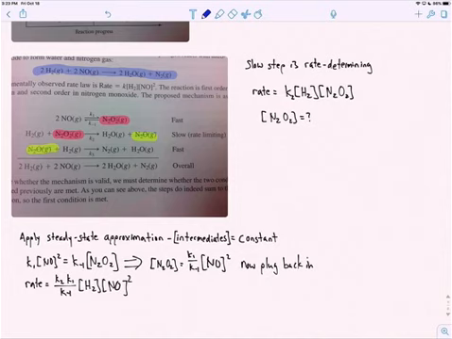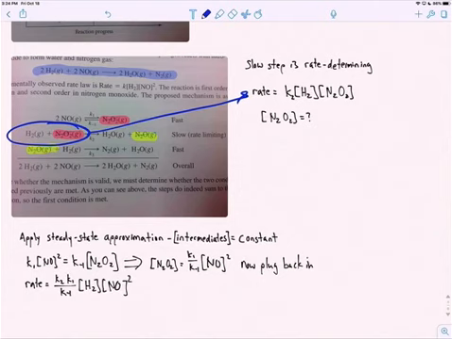So the rate is going to be equal to some rate constant, in this case k2, times the concentration of hydrogen times the concentration of N2O2. The stoichiometric ratios become the powers. So this is first order with respect to hydrogen, first order with respect to N2O2.